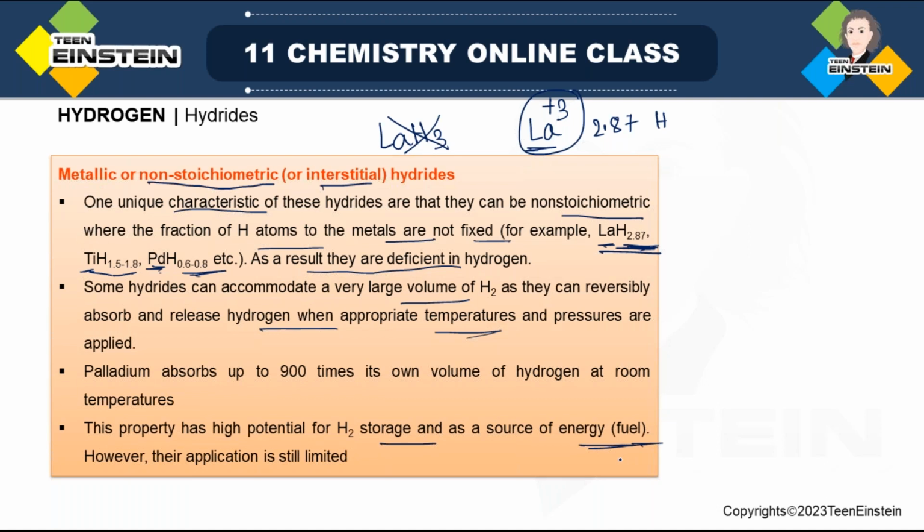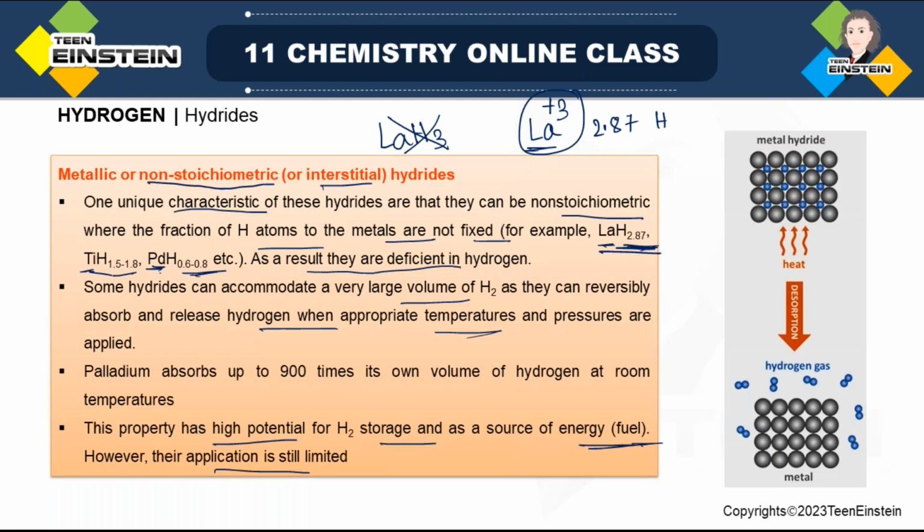So if these metals can store hydrogen, obviously they have this potential for H2 storage, which is a source of energy. But this method is not fully in use because of some hurdles that we have to overcome. That is why it is said to have high potential, but it is not fully in use.